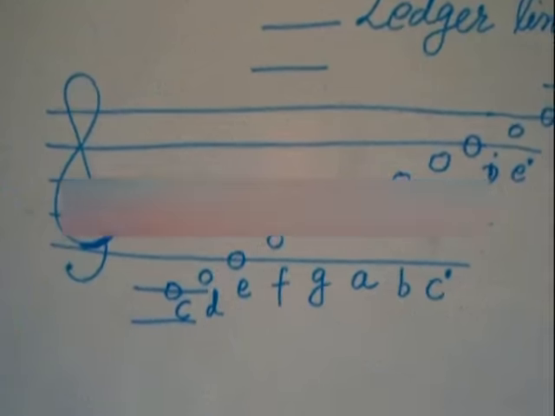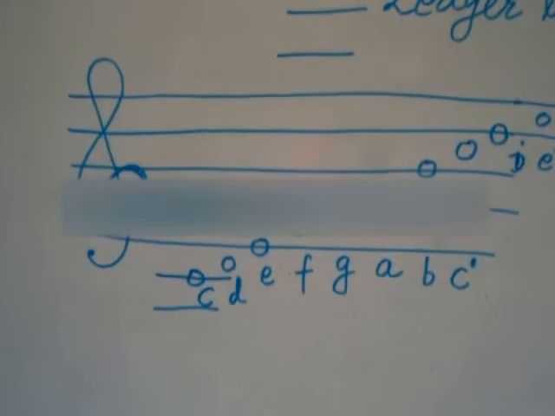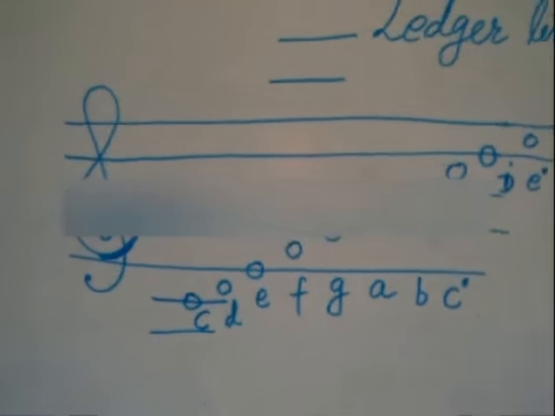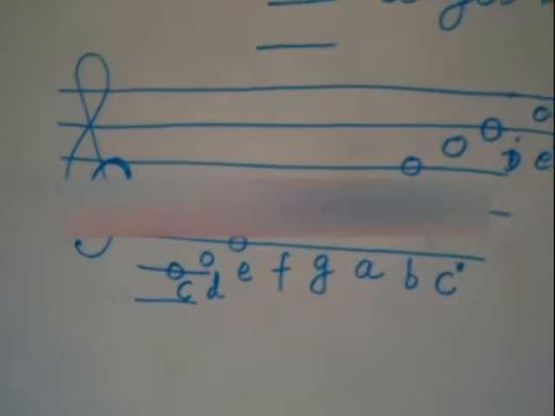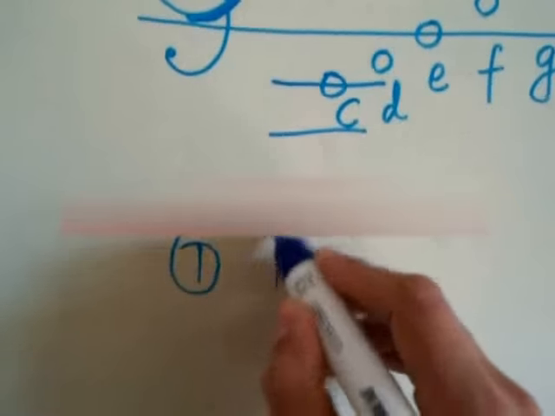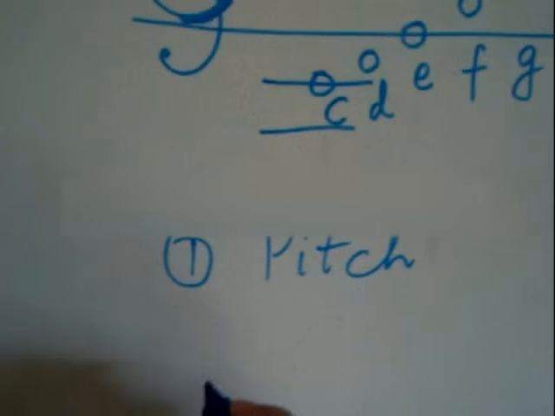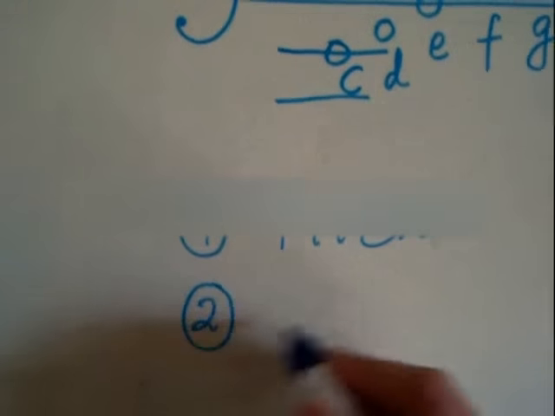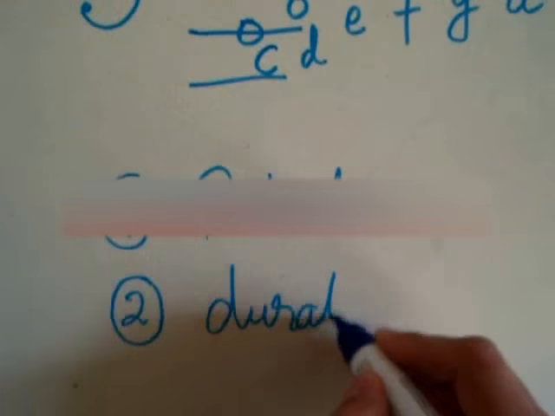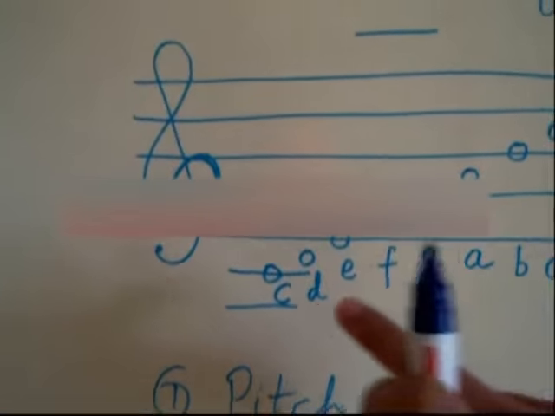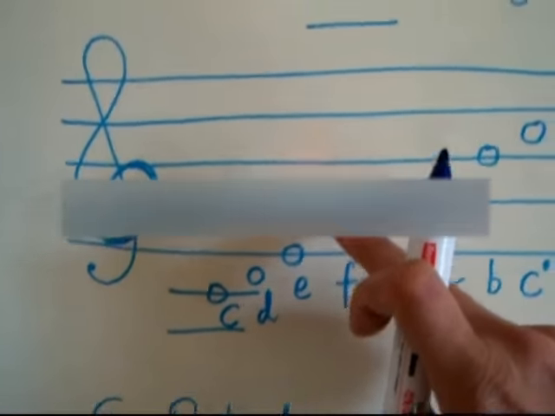Then there are two pieces of information that are very useful in writing notation: one is pitch, and the other is duration. So these positions tell you the pitch, and duration.